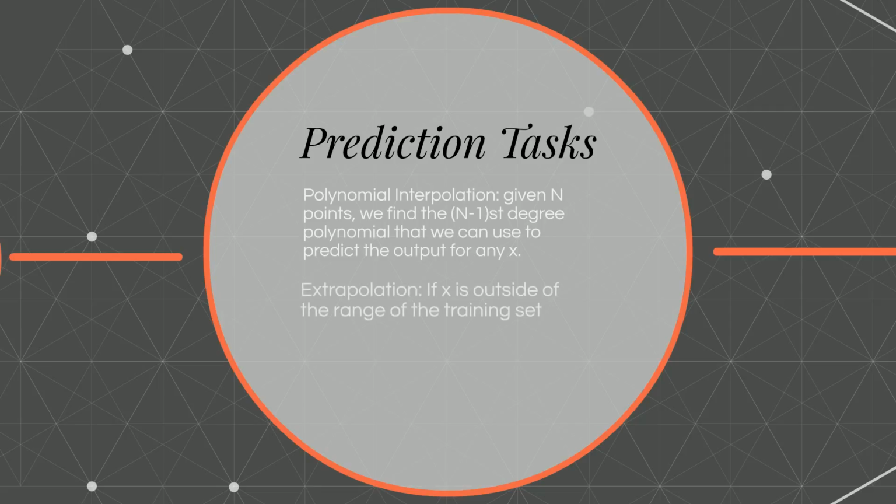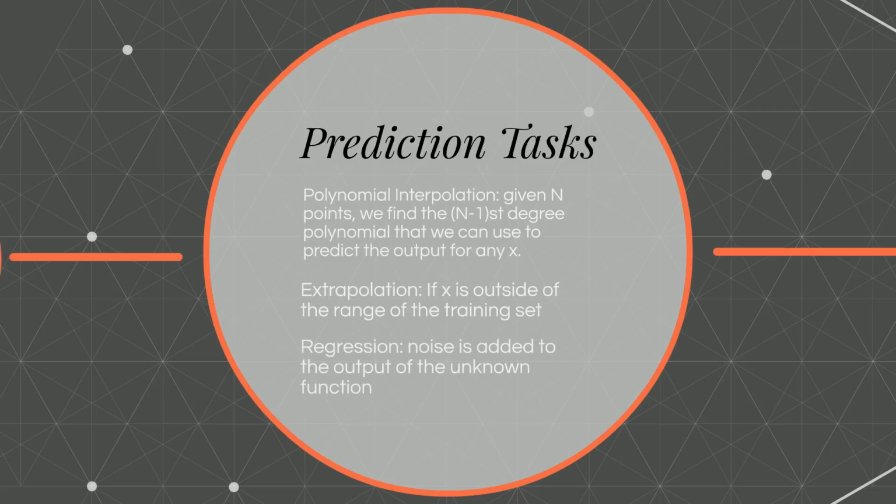We can also have extrapolation, where x is outside of the range of x^T in the training set. In a time series prediction, for example, we have data up to the present and we want to predict the value for the future. For example, if we're looking at stock trends, we'd want to know what the stock was doing in the future, not based off the past training data, and this would be called extrapolation.